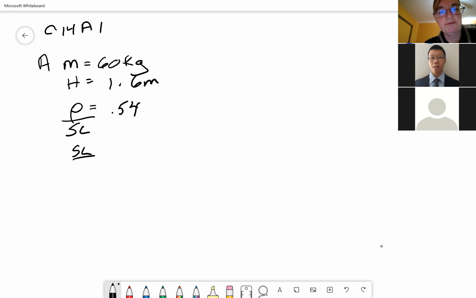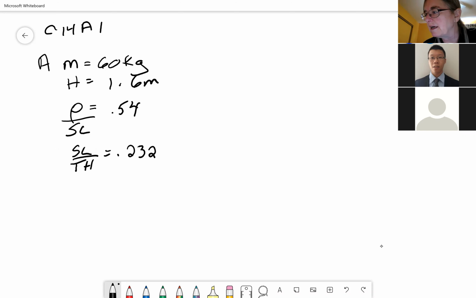And segment length with respect to total height is 0.232 or 23.2%. Your thigh is just over 23% of your total height on average. Obviously, these are anthropometric, which means it's population data, which means not everybody's thigh is 23% of their total height, but on average, it is.